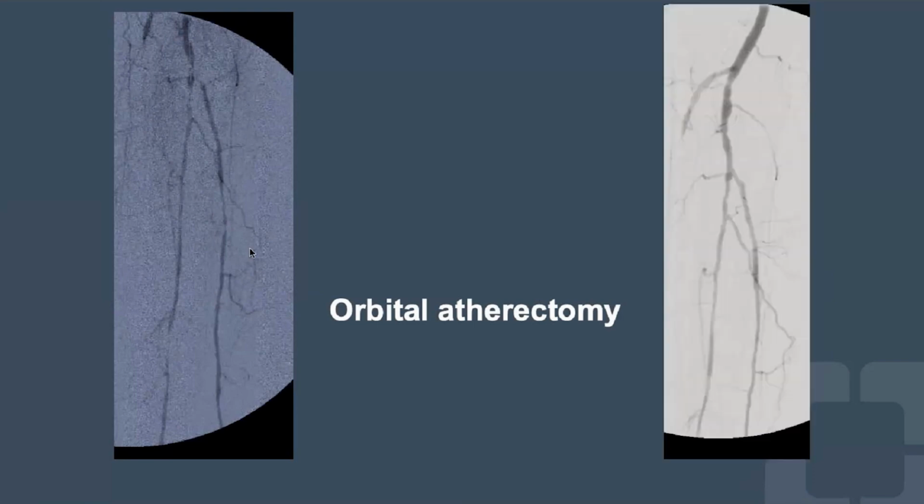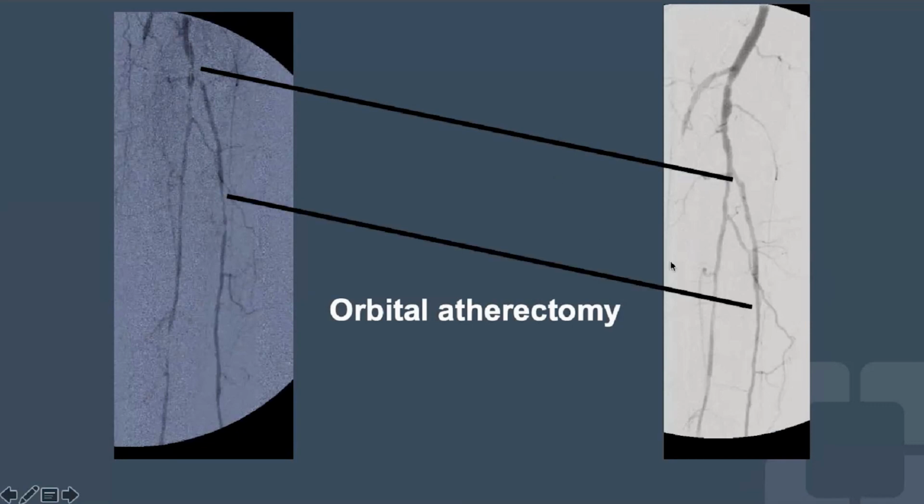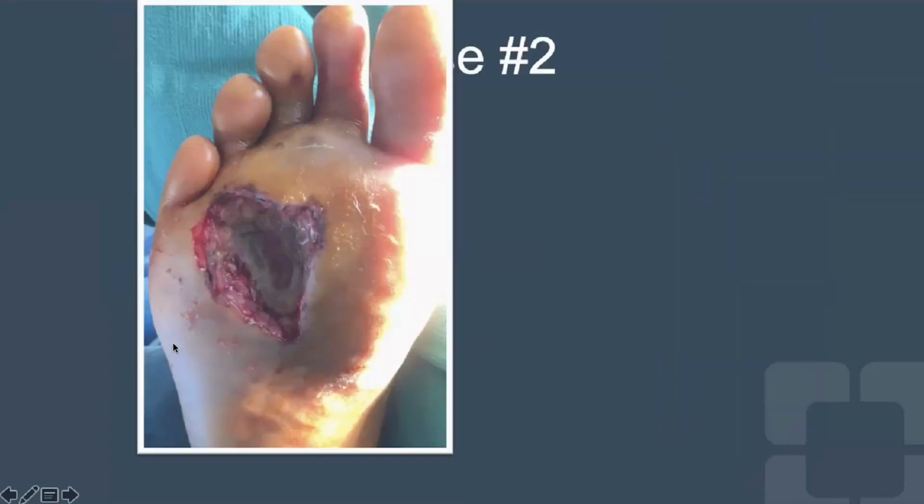And I don't do this initially all the time, but I do it in cases where there's severe calcified disease. And you can see here that initial lesion at the posterior tibial takeoff, we were able to open up quite nicely. And then some of these other diseases where we were able to open up and show that we could get improved flow into the foot.